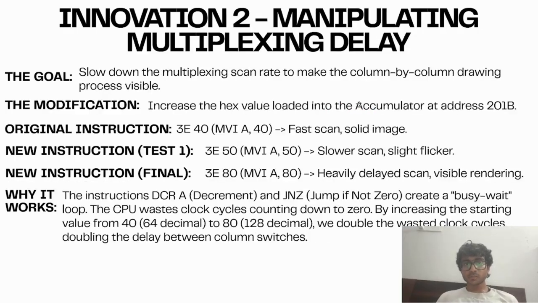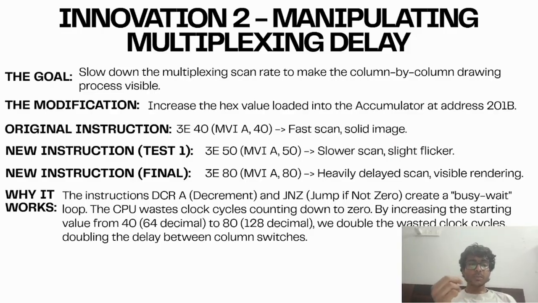The second innovation was manipulating the multiplexing delay. At memory location 201C, it started at 201B and then 201C, we got the value 40. We changed this from 40 to 50 and then to 80. There is a timer that counts down from 40 to 0.